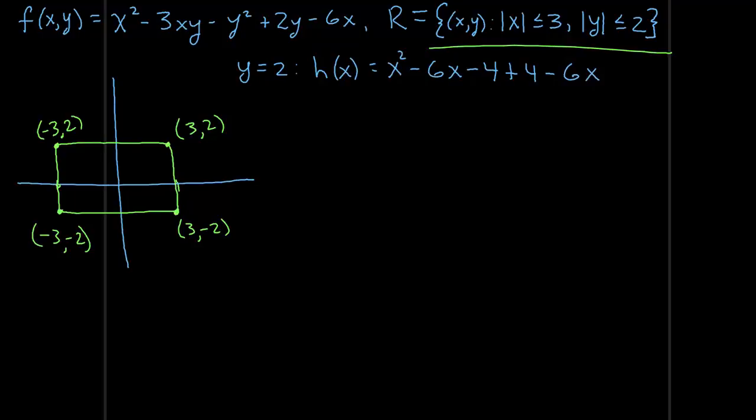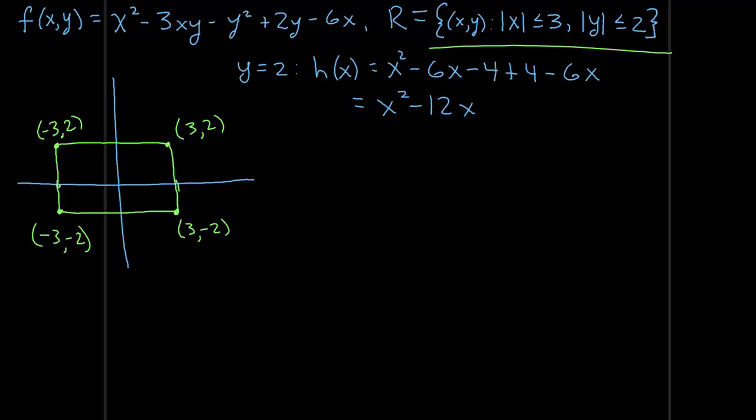Okay, is everybody okay with that? I squared 2 and got 4, then 2 times 2 is 4, and then here's negative 6x. So it looks like what I've got is x squared minus 12x. Is that right? Okay, now I've got this new function.